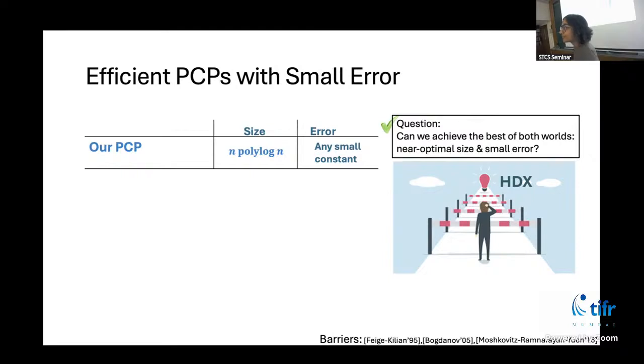Does this PCP also yield something when the error is sub-constant? It will yield something, but as soon as your error is 1 over log n, this PCP will be much worse than Moshkowitz-Raz. It will become poly in n. So in the sub-constant regime, Moshkowitz-Raz is still better.